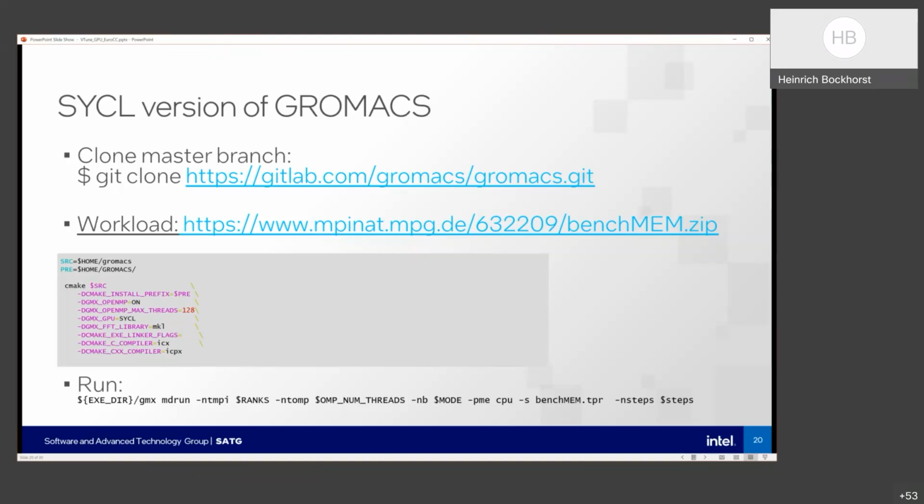And there are some hints here for using CMake to build it. The crucial flag here is -DGMX_GPU=SYCL. And then you can point the FFT library to MKL, so the PME call will be done with MKL. The run line I copied from my execution script. Exadir is, as you can guess, the bin directory.